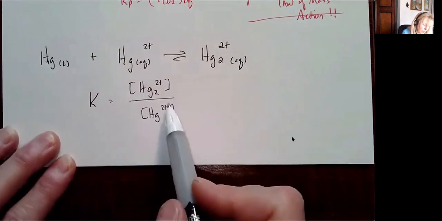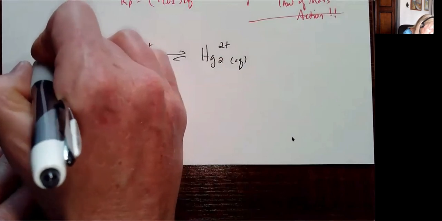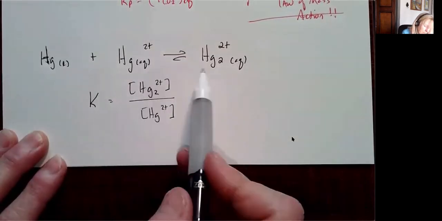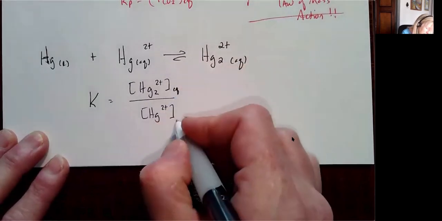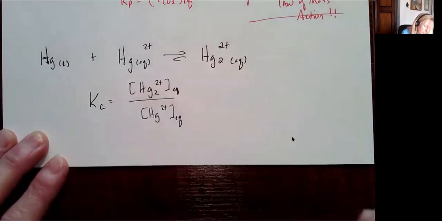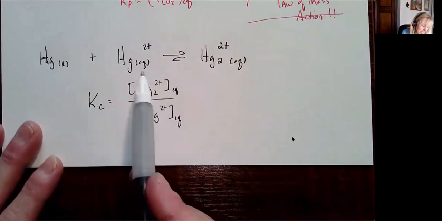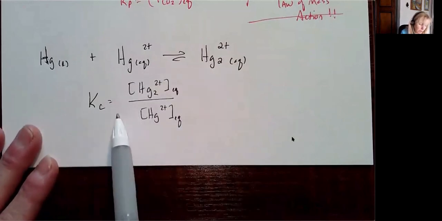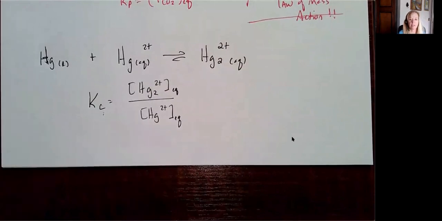My equilibrium constant wouldn't even factor in the liquid mercury, because this is a pure liquid. Whatever the concentration is at equilibrium of the aqueous species would give me my Kc. In this case, I don't have a Kp because these aren't gases, right? So I'm only going to express this as a Kc. Kp only applies when you have things that are in the gas phase.